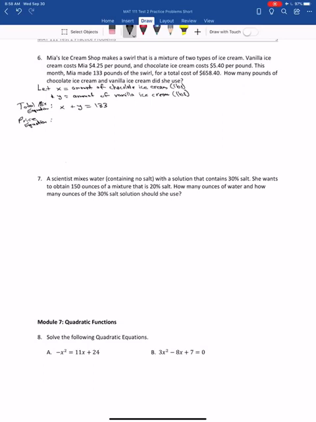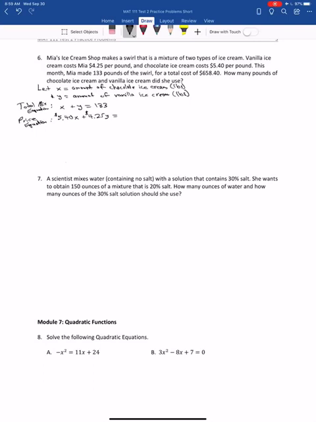So if we use x pounds of chocolate, we have a total of $5.40 times x from that. And then with vanilla, y pounds of vanilla ice cream at $4.25 per pound, so 4.25 times y would be our total from that.